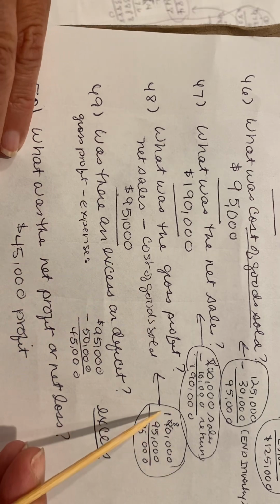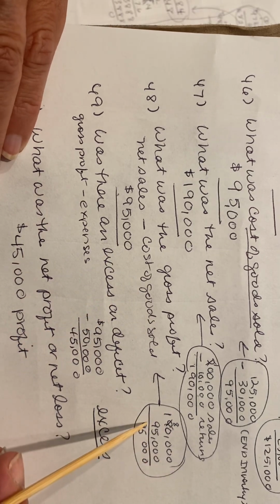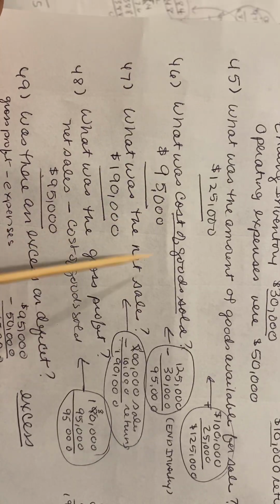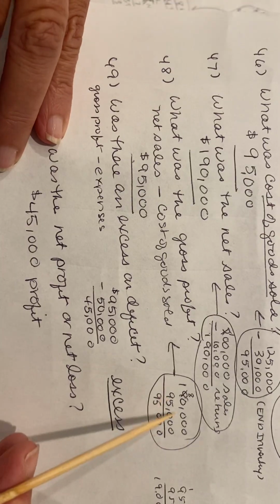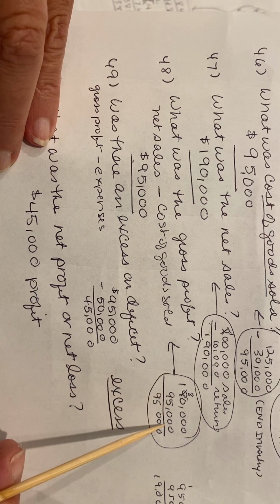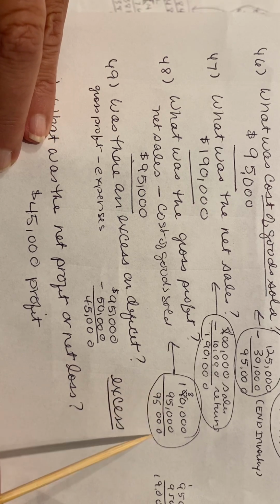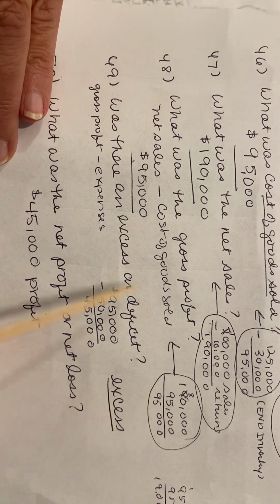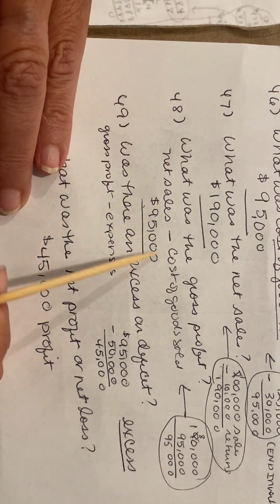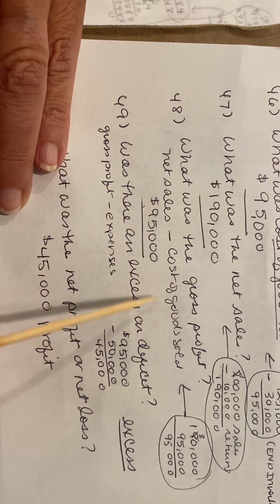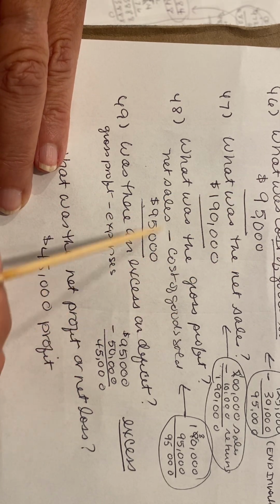So you had 190,000 minus, and what was our cost of goods sold? 95,000. So 190,000 minus 95,000 equals, lo and behold, 95,000. So the net sales minus the cost of goods sold, which we figured up here, is our gross profit, which is 95,000.